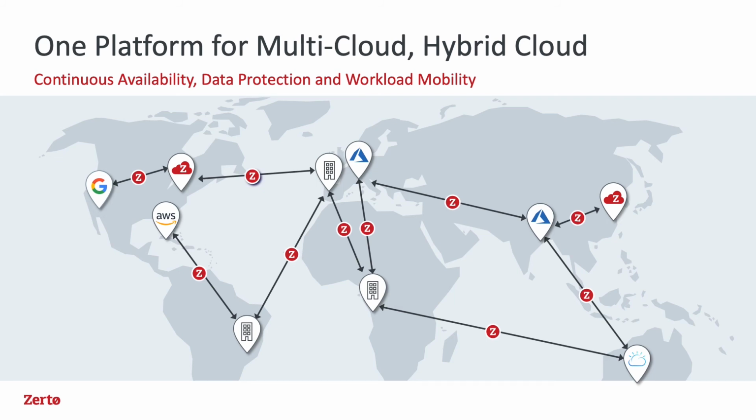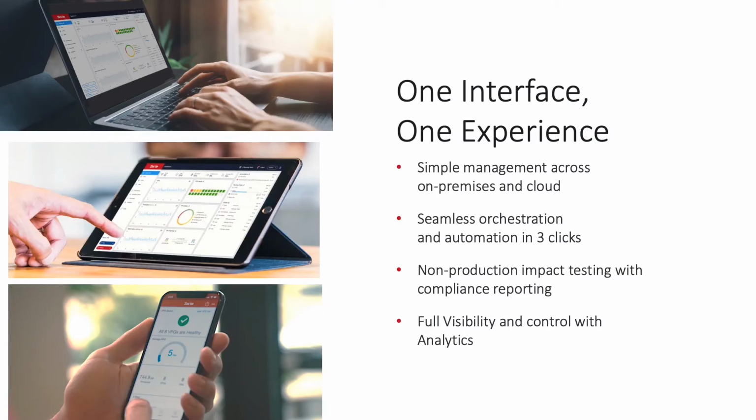Now, this all sounds a bit complex when you think about all the capabilities and opportunities that you have with Zerto. But its biggest differentiation, in my opinion, is its orchestration and automation. The fact that you have one interface, one UI, one experience to deal with simple management across on-premises and cloud.